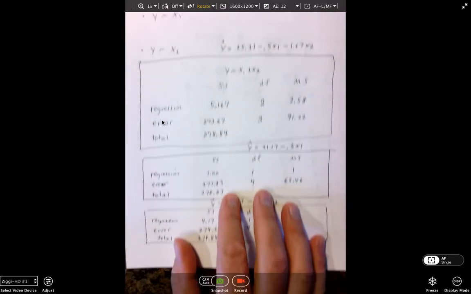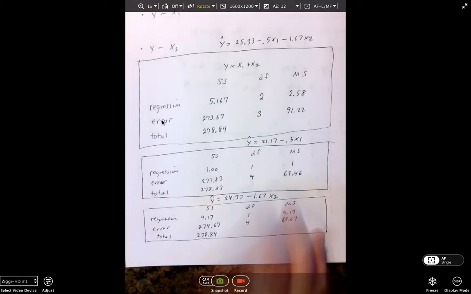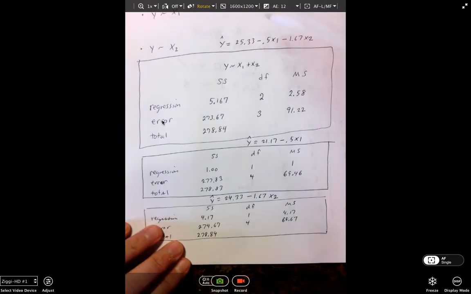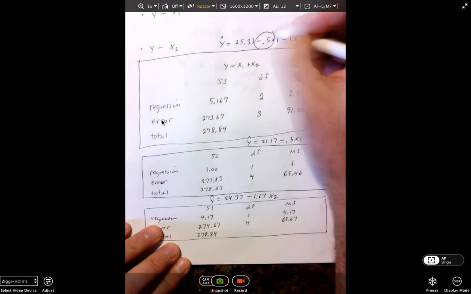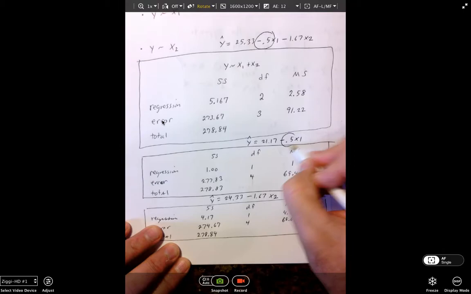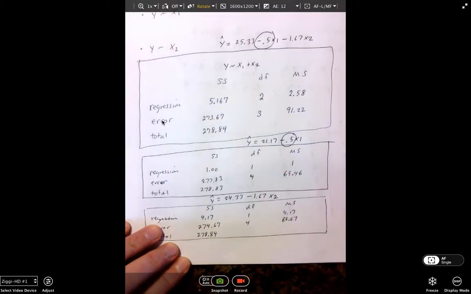Let me get all this where you can see it. Now, notice that B1, negative 0.5, is the same, and we just call this stable. The measurement for B1 is stable whether we have x1 and x2 in the model or whether we just have x1 in the model.